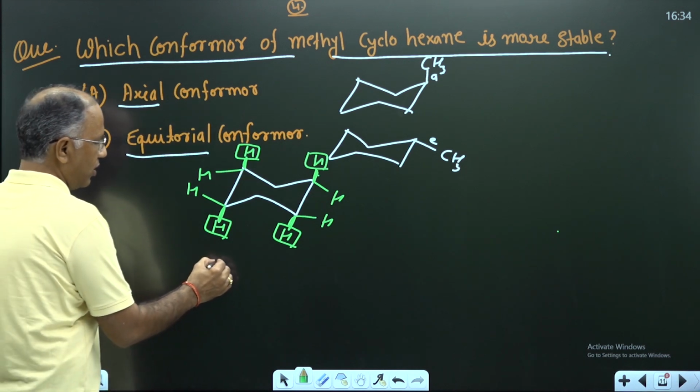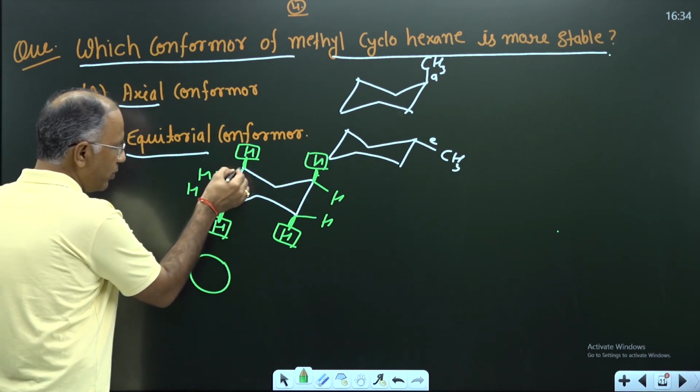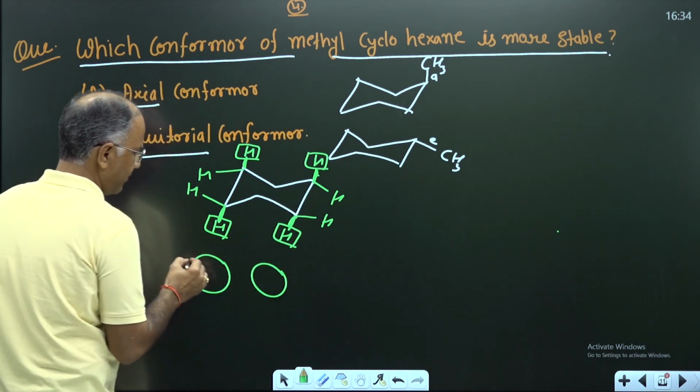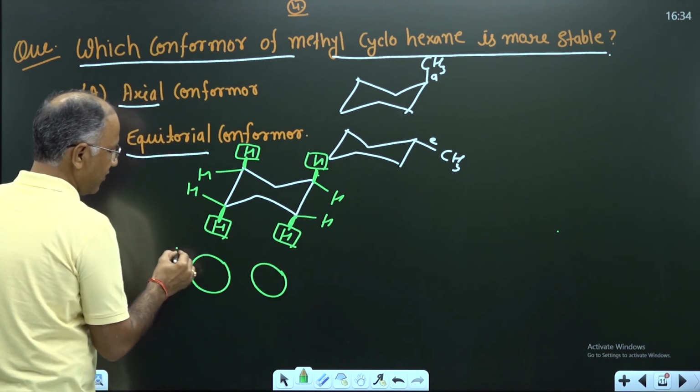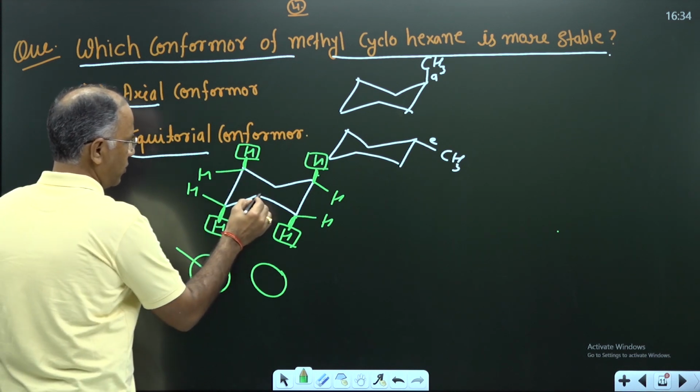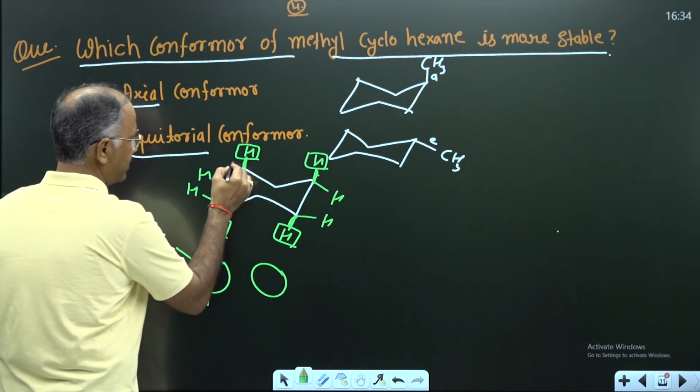Now you have to draw the Newman projection. I can draw the Newman projection across this bond, and across this bond. Now this is the staggered conformer. This is first carbon, second carbon.